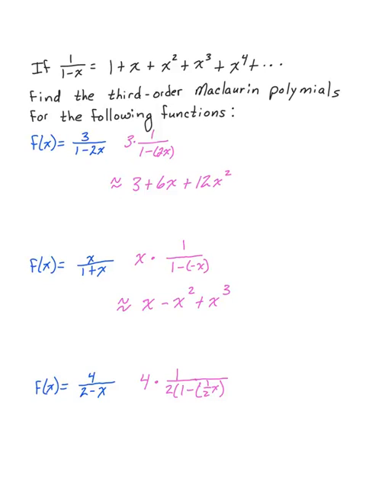All right, so when you multiply, well, the 4 and the 2 are going to reduce, and that becomes 2. And so what we have now is 2 times 1 over 1 minus 1/2 x.